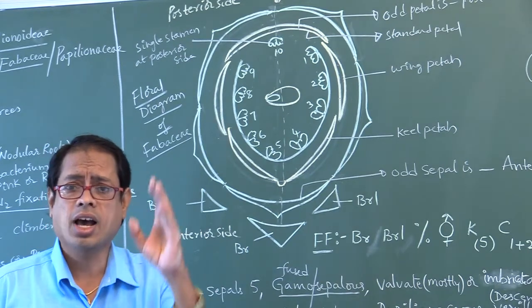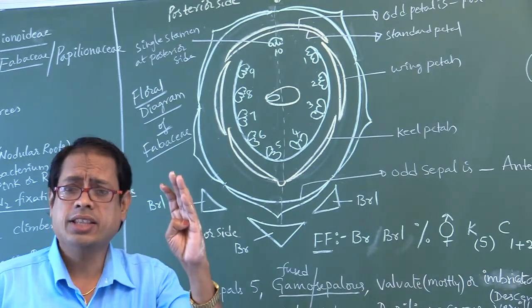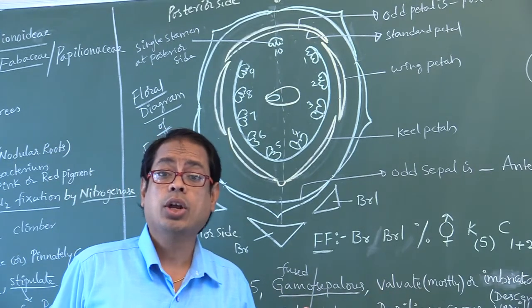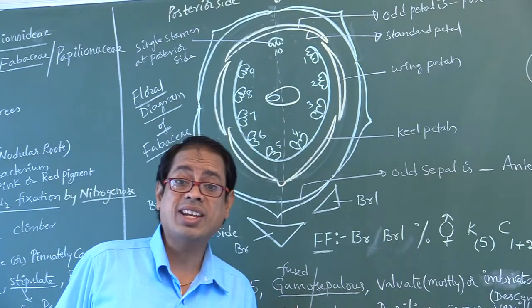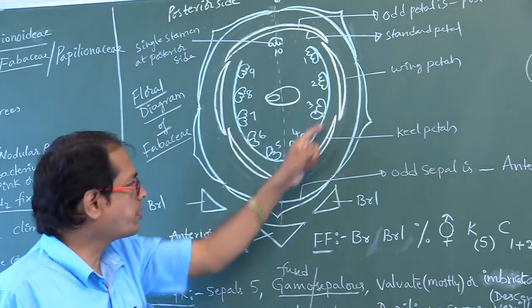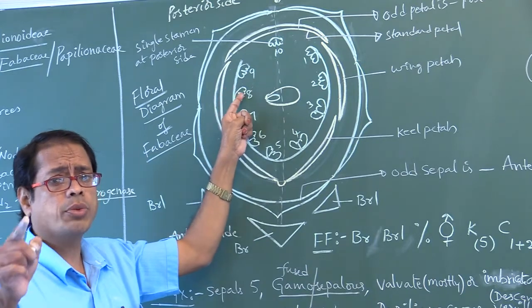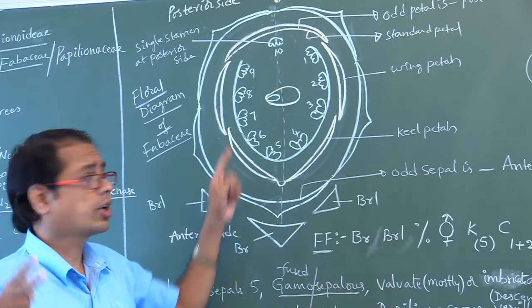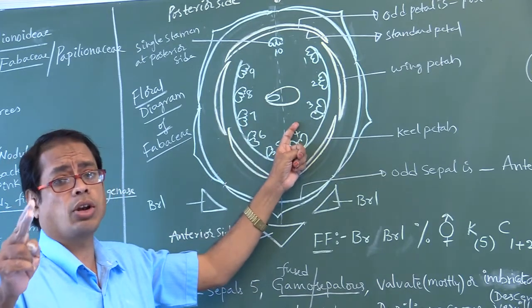So anthers are diathecous. Diathecous means what? How many anther lobes are present? 2 anther lobes. How many pollen sacs are present? 4 pollen sacs are present. If 10 stamens are present, for each stamen 2 anther lobes, so 10 into 2, 20 anther lobes.